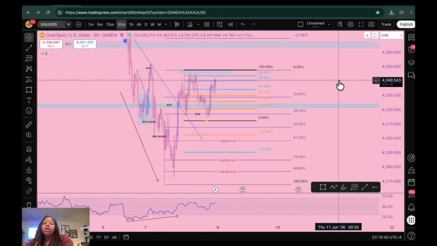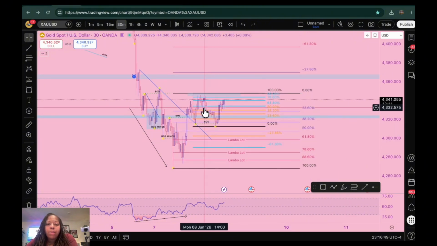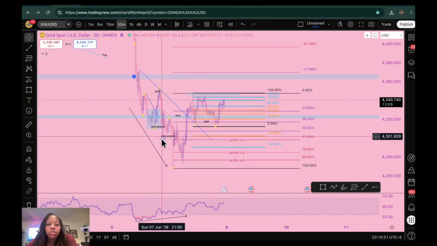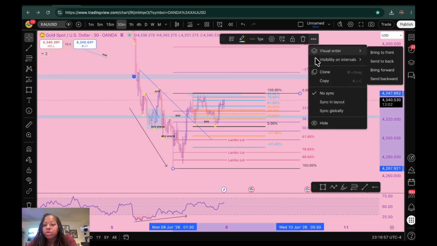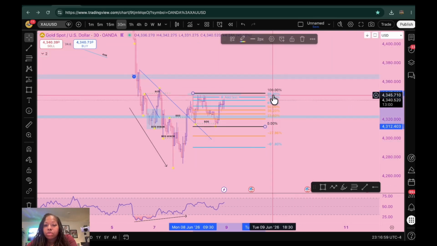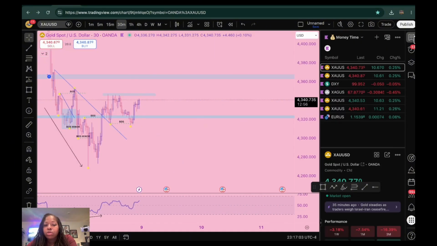But I just wanted to go over why I took the trade that I took today, that buy I took today, and I also took this sell here. Let me show y'all real quick. Let's go over that one real quick.